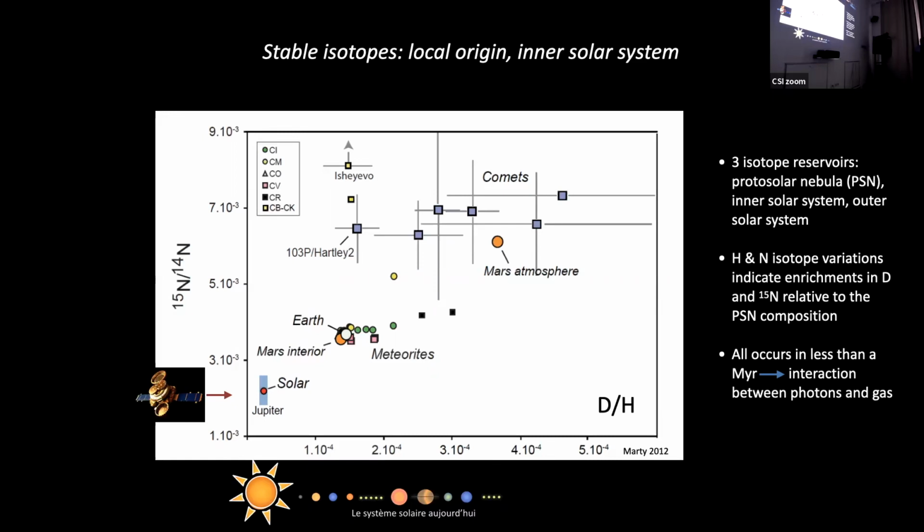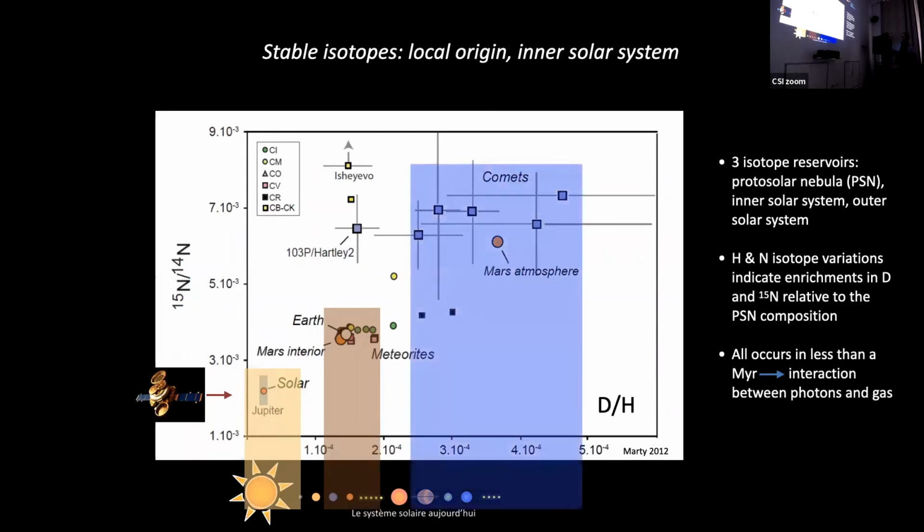So this is the starting composition. Here we have the inner solar system as represented by the Earth and meteorites and the Moon, in fact, also. And finally, we have the outer solar system, which is represented here by comets.